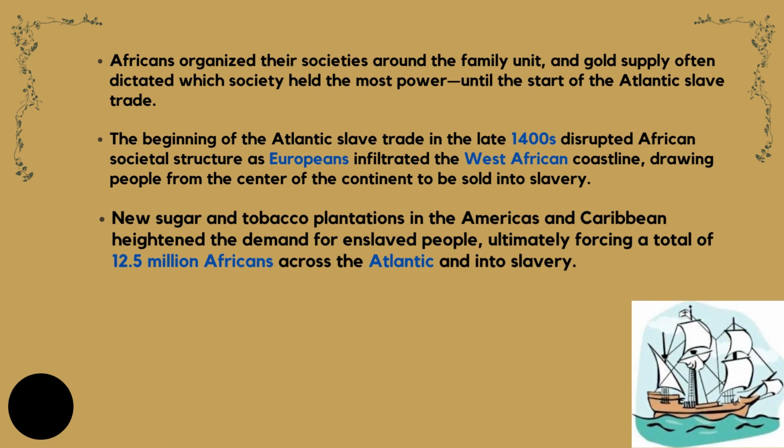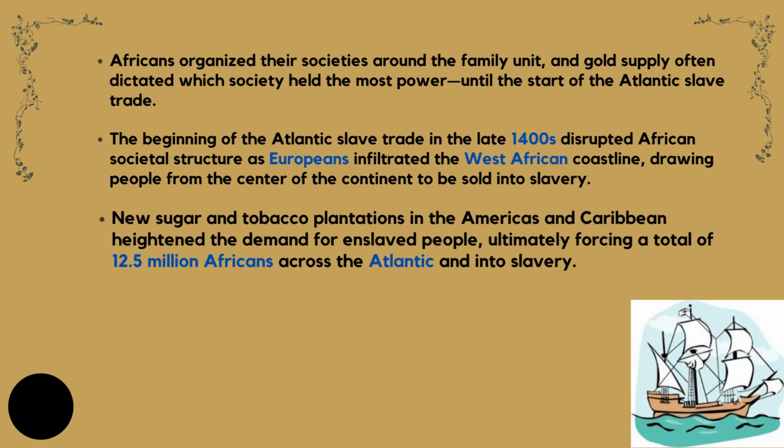Africans organized their societies around the family, and the gold supply often dictated which society held the most power until the start of the Atlantic slave trade. The beginning of the Atlantic slave trade in the late 14th century disrupted African societal structure as Europeans infiltrated the West African coastline, drawing people from the center of the continent to be sold into slavery.